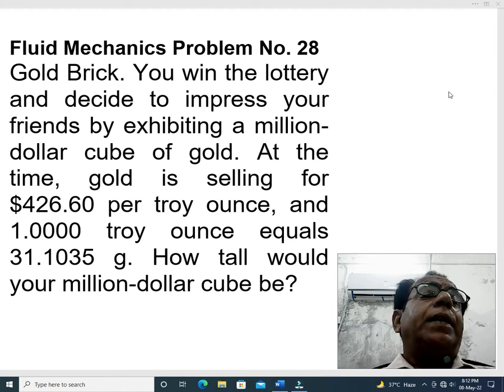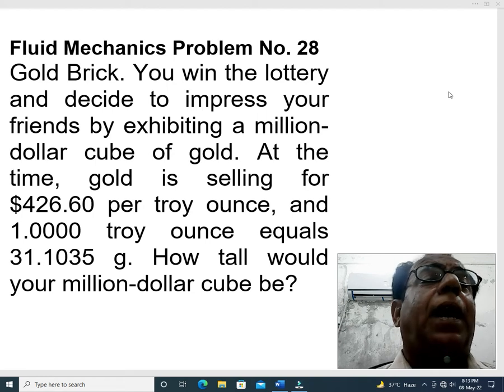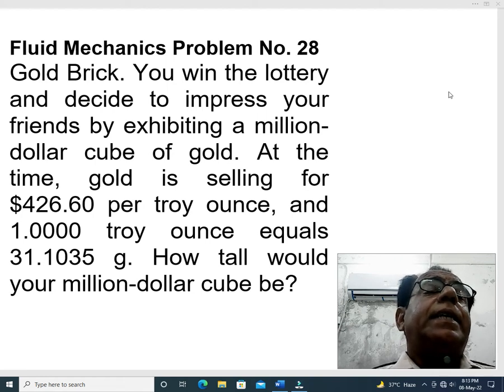Rather, the 1 gram value is not necessary. We will try to find against $1 how much mass can be purchased. Total mass given here is 31 gram.